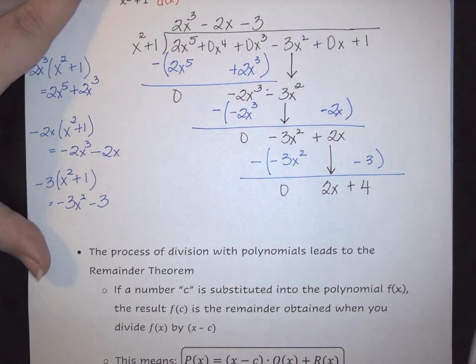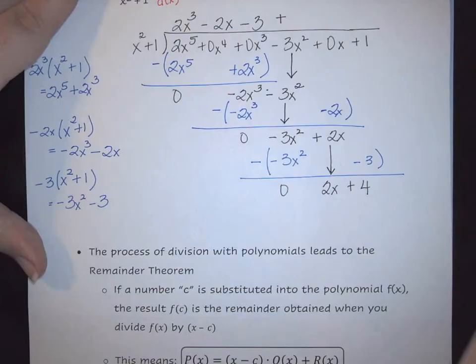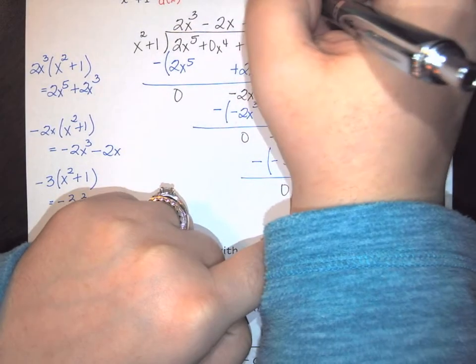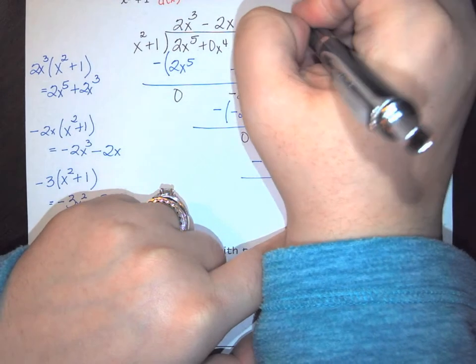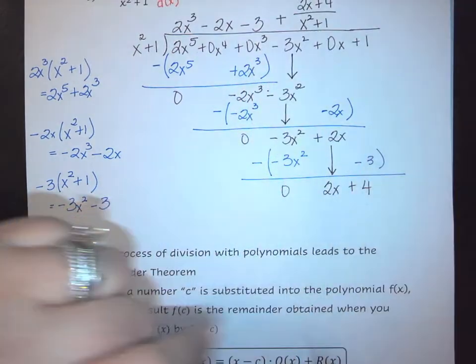So in this place, I would have plus my remainder, so 2x plus 4 over my divisor, x squared plus 1.